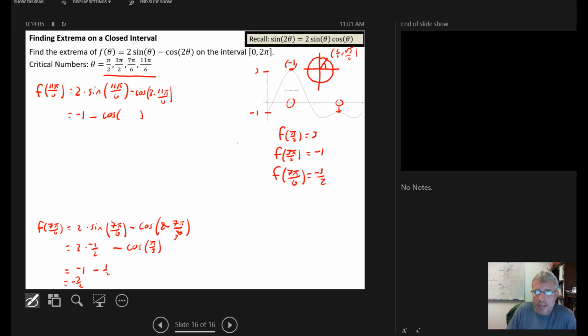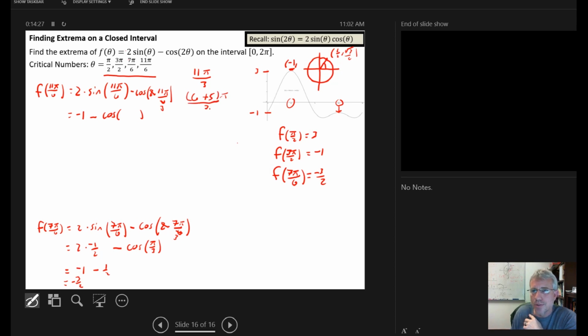So we want to recognize that the 2 is going to go into the 6 3 times. We're going to get 11 pi over 3 sitting there. So 11 pi over 3, and I wrote 6, 11 pi over 3. So I want to recognize that the 11 can be broken up into a 6 plus 5, and this is times pi all over 3.